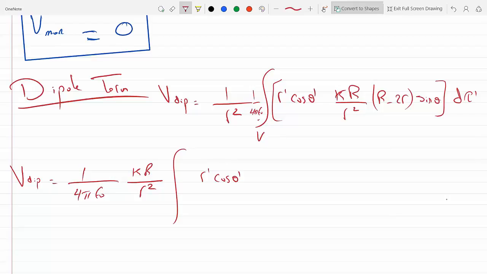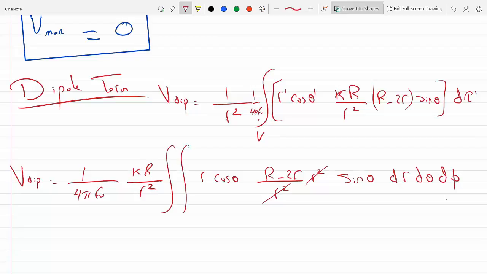This is what we're integrating. Then r minus 2r over r squared, and d tau prime will be r squared, so r squared goes away, r squared sine theta dr d theta d phi. Again, a triple integral: dr is 0 to r, theta 0 to pi, and phi 0 to 2 pi.